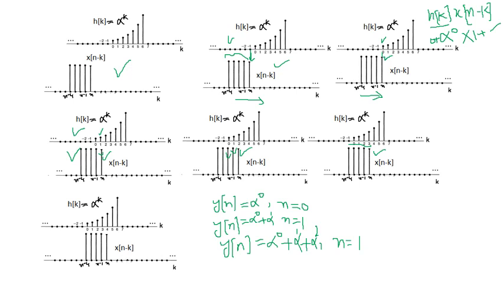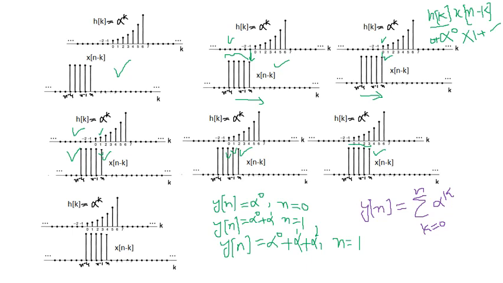So we can write it in generalized form, or a generalized expression: y of n equals summation, with k running from 0 up to n, of alpha power k.